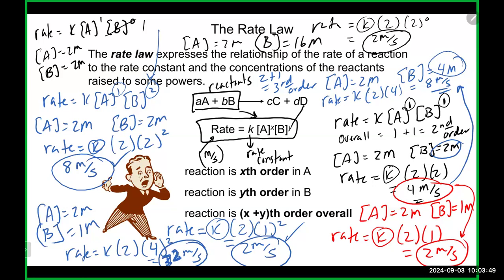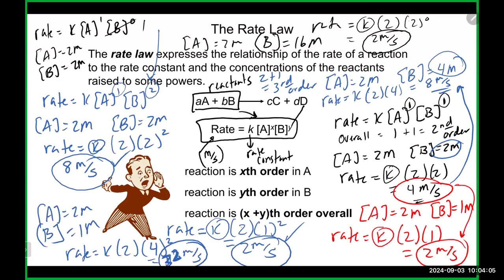Okay. So let's talk about how we can actually calculate this. As I mentioned before, typically speaking, to calculate a rate law, it's all about experimental information. And typically you will be given a table of experimental information, a table of reactants. And you'll be given an initial rate, which is in molar per second.